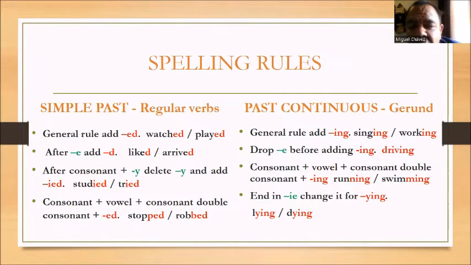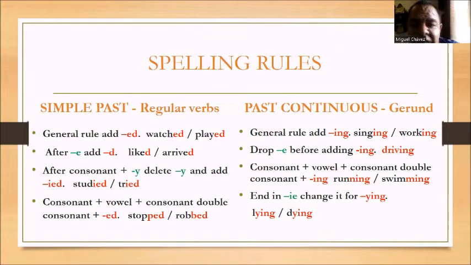In the past continuous, we are going to find similar rules, but in this case, we are going to add ing to the verb. The general rule says that most of the verbs add ing without any change. Sing, singing, work, working.